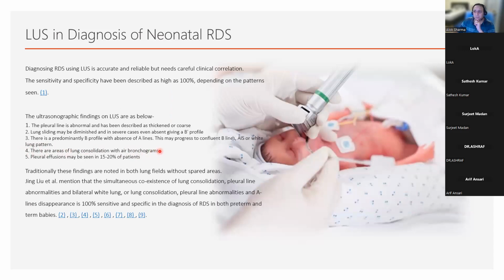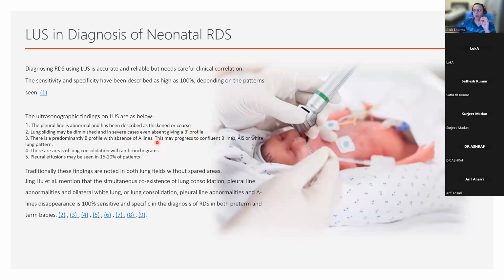But what we also know is that in the early phases of neonatal respiratory distress syndrome, in particular with, I would say, near-term babies, you can have a dominant B profile. Lung sliding is usually present. It may be diminished. It is very rarely absent. When you have significant atelectasis and the pleural line, there's no air going up to it. That's when you really get a B dash profile.